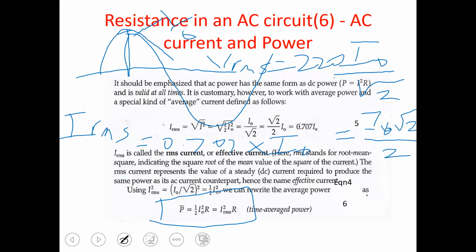So that 311 going up and coming down will heat a coil as if you have connected a 220 volts DC source across that heater.